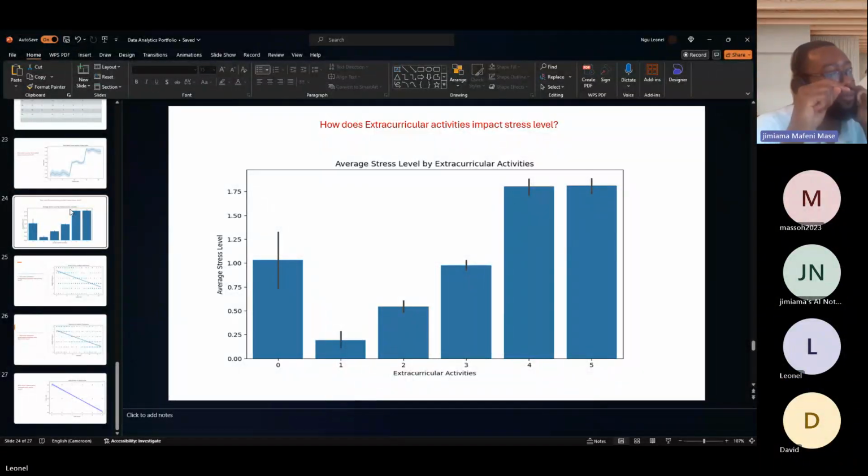Because visually, what I can see is that it seems they are similar, right? It seems the average stress level for 0 and 3 are similar.